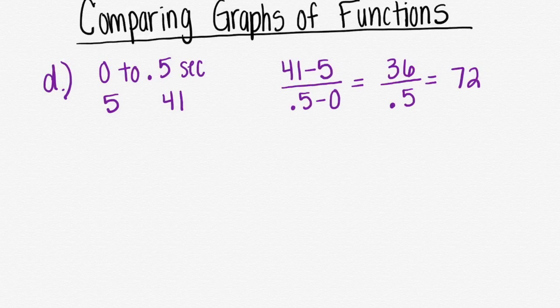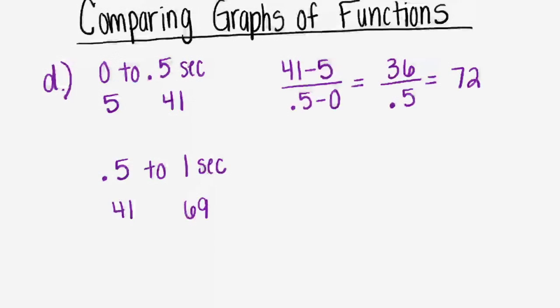Okay? For the next one, when it says 0.5 to 1 second. If I look at my table, my 0.5 again, it was at 41. And then at 1 second, it was at 69 feet.